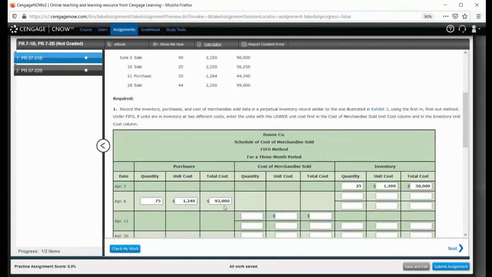But along with the journal, we would need to complete an inventory cost card, which is what we're doing here. This is a cost card that we're completing for the merchandise inventory. And every time we update the merchandise inventory, we're going to put it in this cost card.